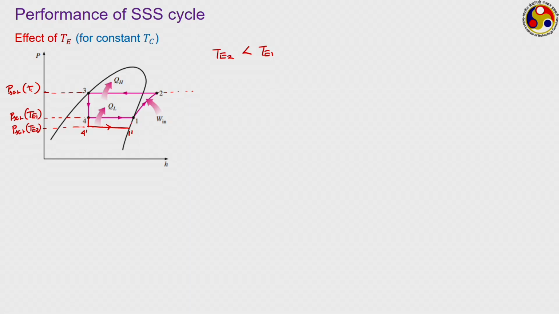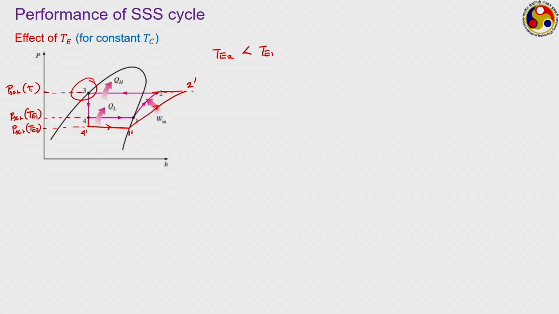Now, through compression we have to reach the Psat corresponding to Tc, the same final pressure. So your compression line may be somewhat like this to reach a final state 2 prime, and from there it will proceed along the constant pressure line to reach the same state point 3. So 3 of the state points are changing; only point number 3 at the end of condensation remains the same.